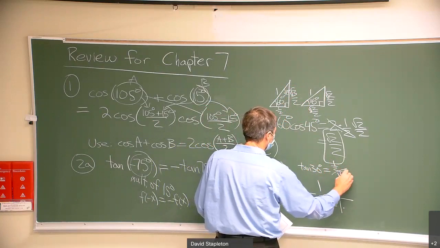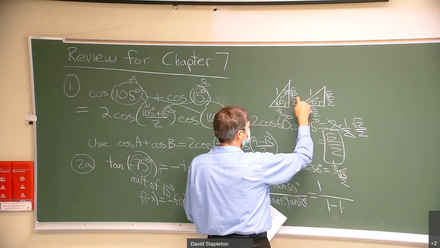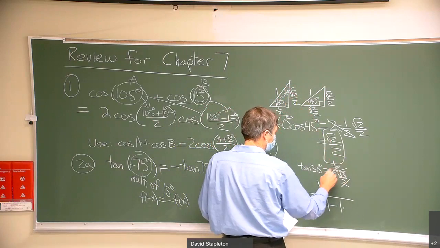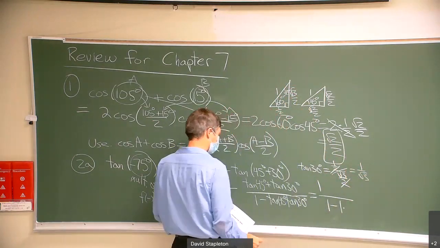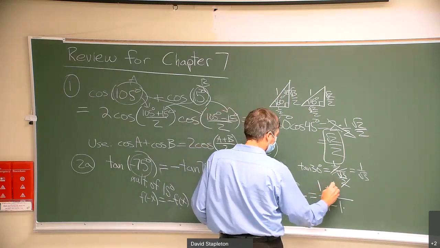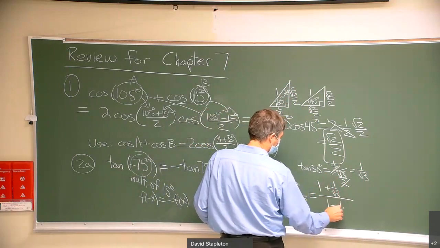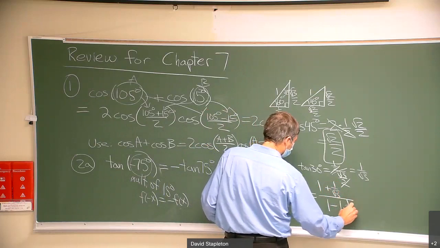The 2's are both denominators, so they cancel, and we get 1 over square root 3. So I'll put 1 plus 1 over square root 3 over 1 minus 1 times 1 over square root 3.